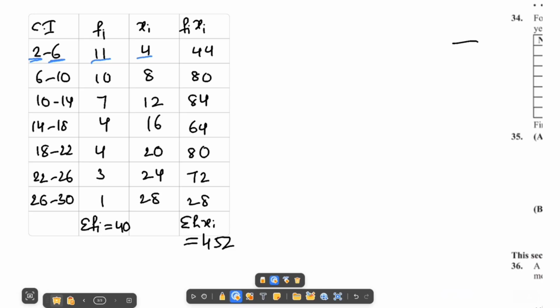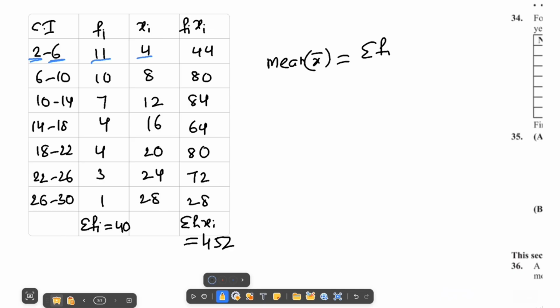Now let's apply the mean formula. What is the mean formula? Mean x bar is equal to summation FiXi by summation Fi. So summation FiXi is 452 by summation Fi is 40.